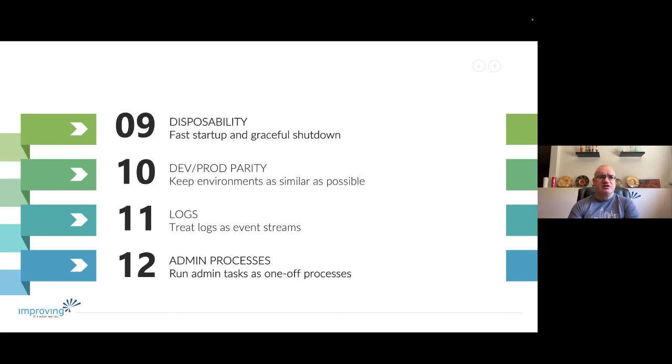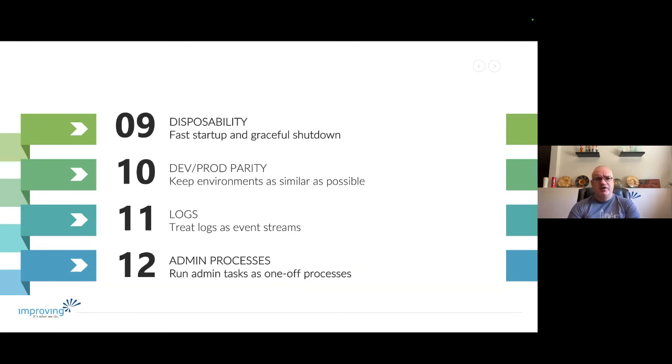And the last factor is one that I really haven't run into a lot in the apps that I run, but when you have one-off processes or one-off tasks for admin purposes, those should be deployed as part of the application. Typically, you'll see this as REPLs or other things where I need to SSH into a server, run some task, and have it update some process on the server, or maybe pull down some process on the server.